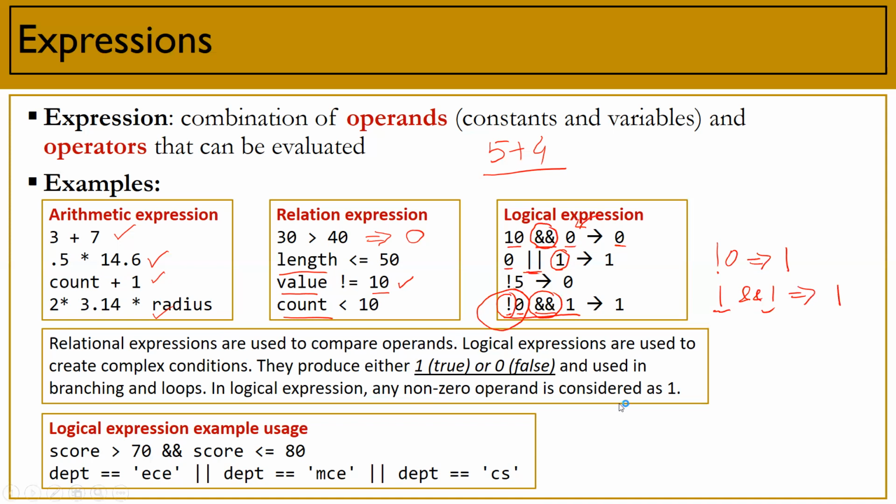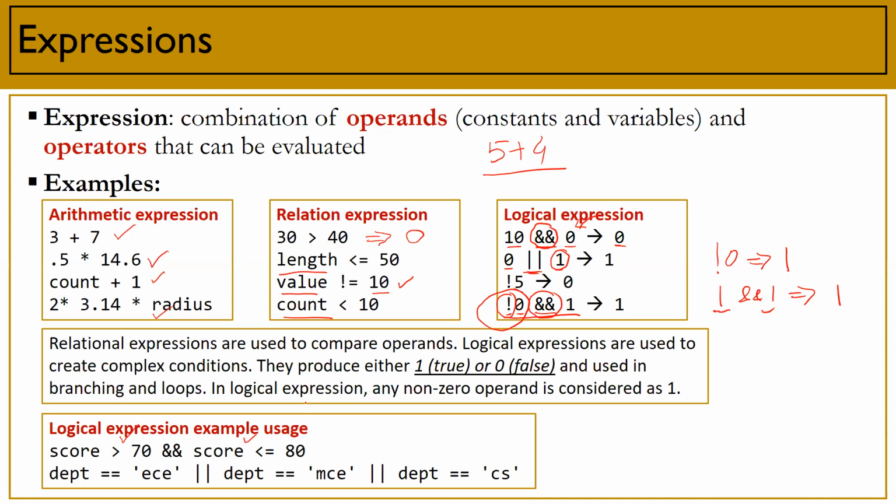So here are some examples of logical expressions. Let's say you have a variable score, and then you have this logical condition: score greater than 70 and score less than or equal to 80. If score is 75, then 75 is greater than 70, which is true, and 75 is smaller than or equal to 80, which is also true.